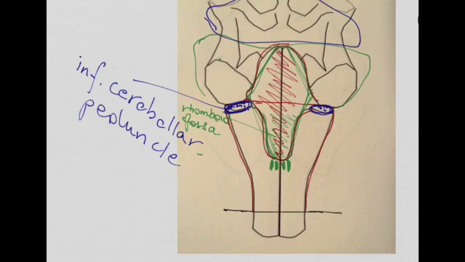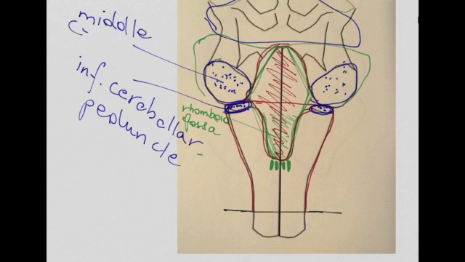But the biggest, most apparent structure is here, again on the lateral side, and that will be again fiber bundles going to the cerebellum, just behind the spine of the brainstem at this level, and this is called the middle cerebellar peduncle.